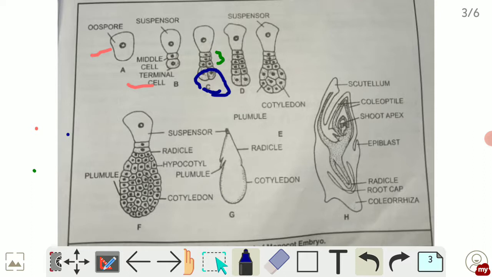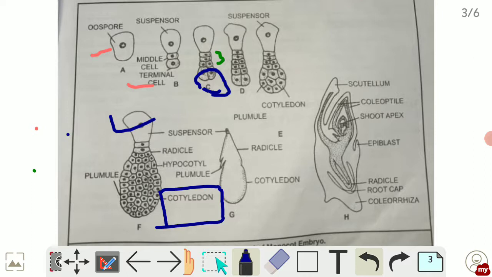So in this figure, we see that there is a suspensor, which develops from the basal cells, and there are also the radicle, plumule and cotyledon. One cotyledon is present, so it is known as monocotyledon.